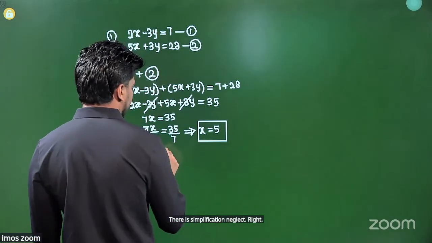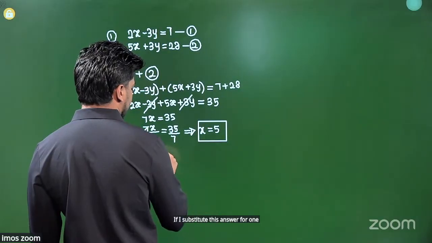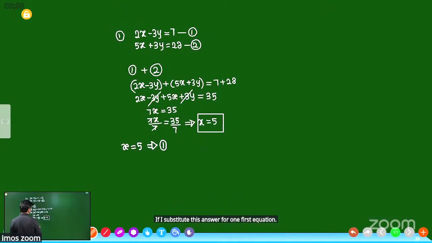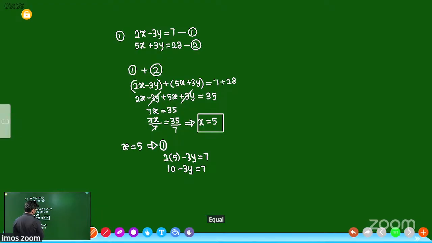If I substitute this answer into the first equation, twice x is 5, so twice x minus 3y is equal to 7. So 10 minus 3y equal to 7. Take 7 across and 3y across.